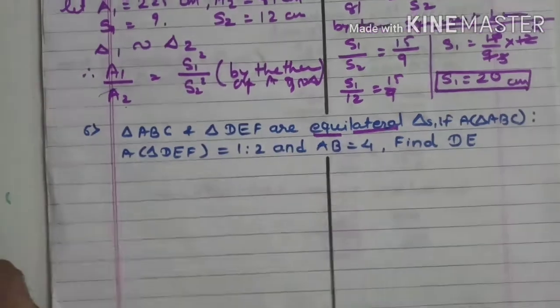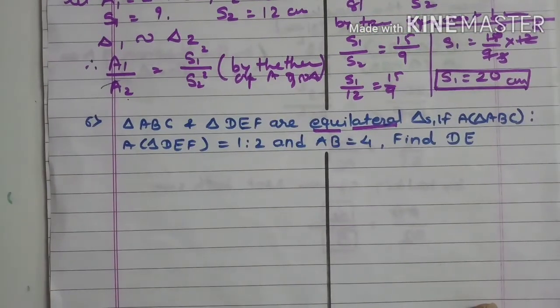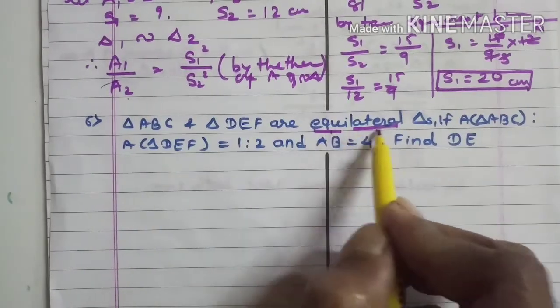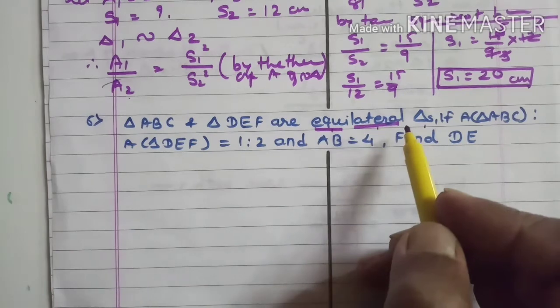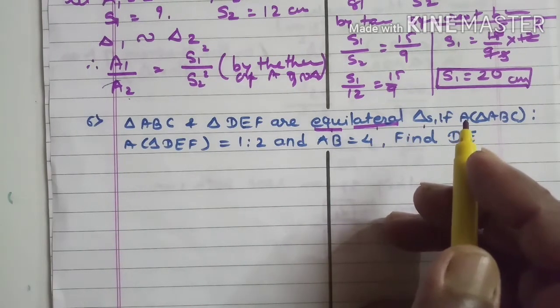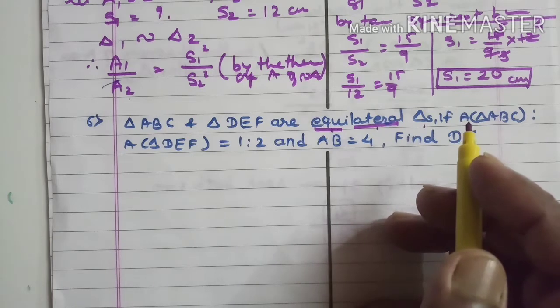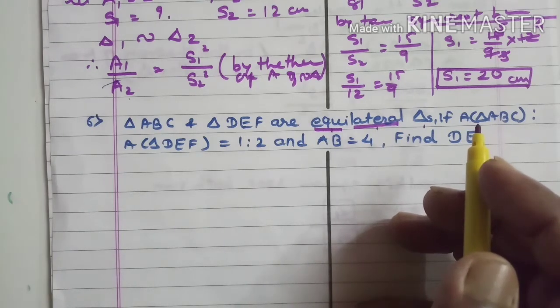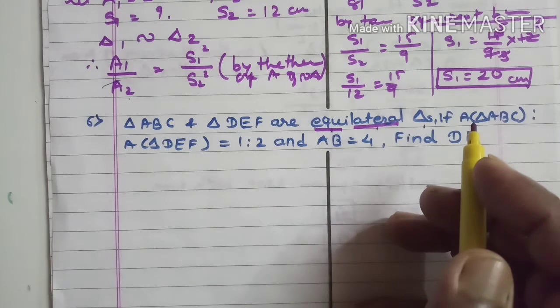Okay, so here they didn't give us similar triangles, but instead they have given equilateral triangles. In an equilateral triangle, as we know, all sides are equal, but at the same time all angles are also equal, and the measure of each angle will be 60.